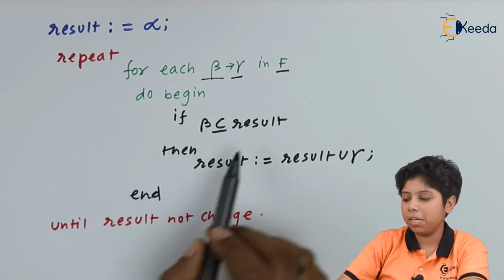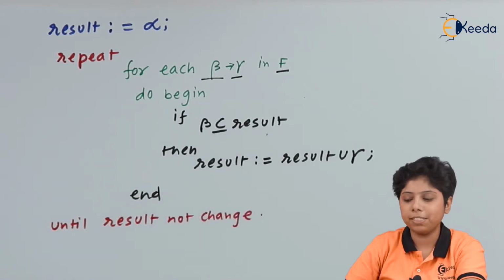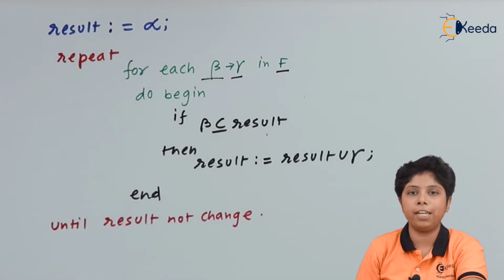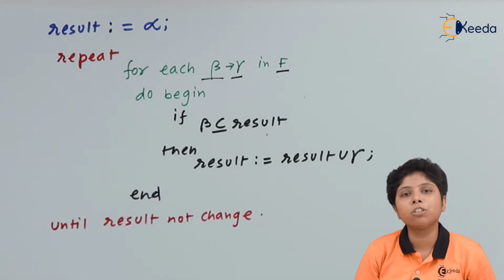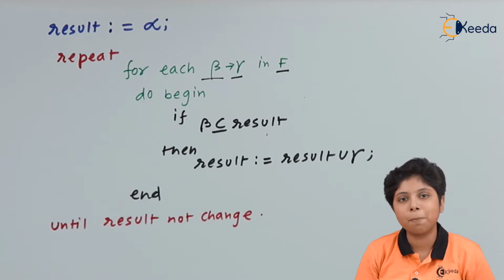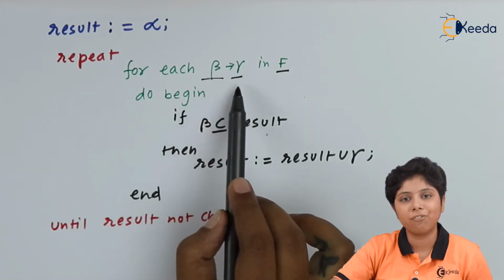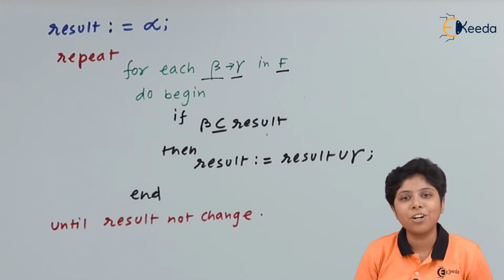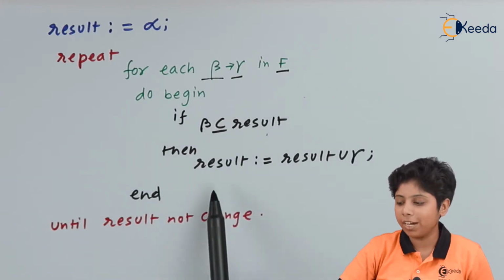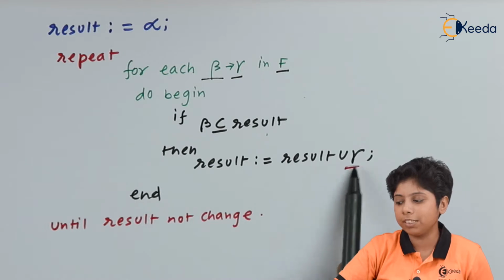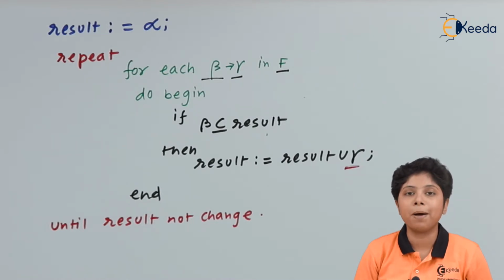If beta belongs to the result, that means the result has alpha in it. So if beta is a part of the result for the functional dependency beta defines gamma, that means alpha also defines gamma. So we can add gamma to the set of result.